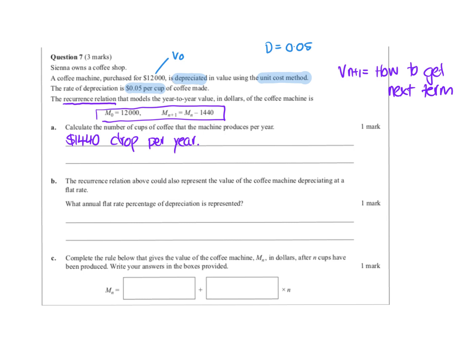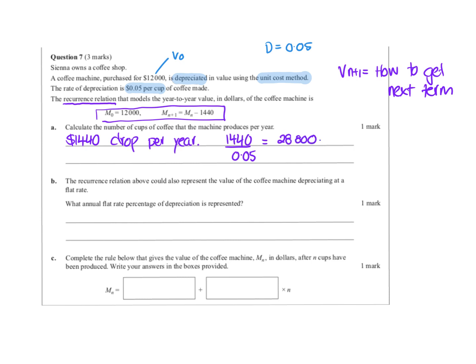So what we're going to do is we know that one coffee costs them $0.05, or 5 cents. So if we do that, we can find out how many coffees this machine sold in the year.